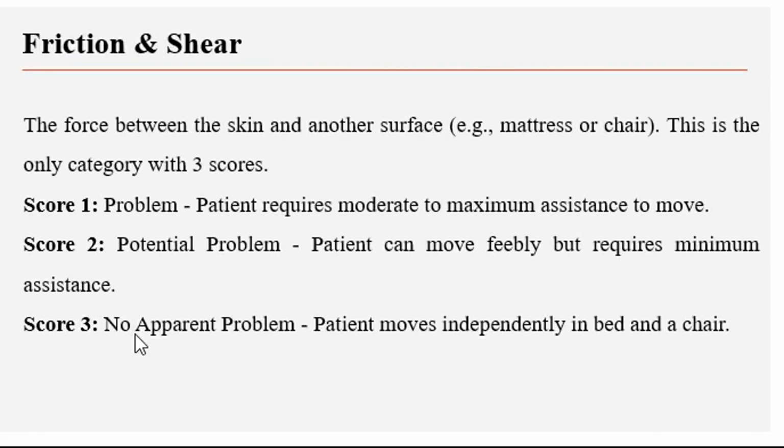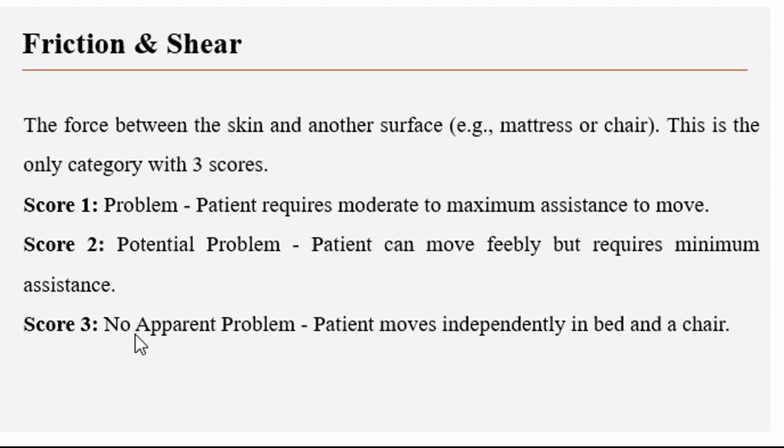Next is friction and shear. Friction and shear is the force between the skin and other surfaces like the mattress or chair. This is categorized 1 to 3 scoring only. All the other components had 1 to 4 scoring; in this one only 1 to 3. Friction means the skin rubbing against a surface, the mattress or the chair.